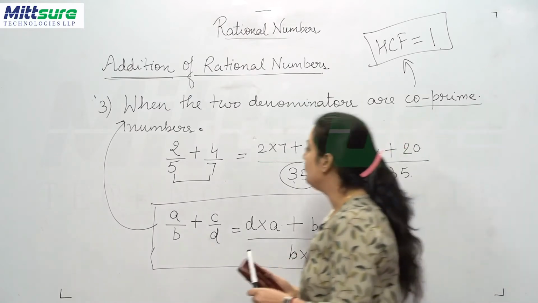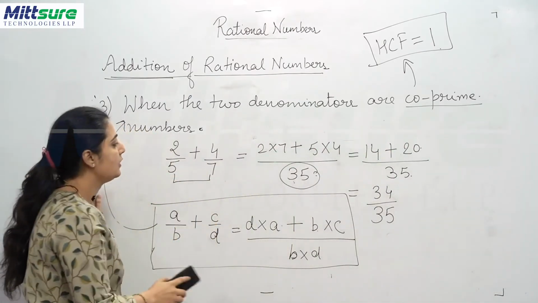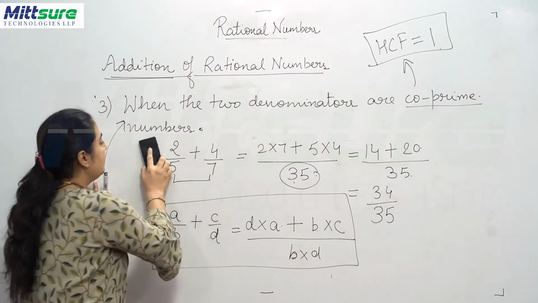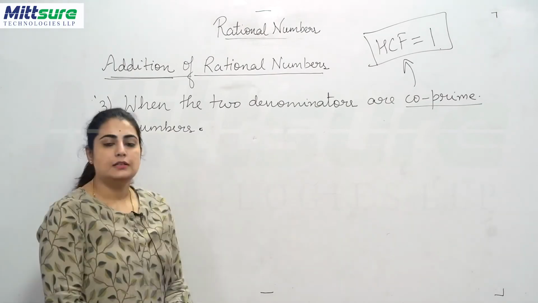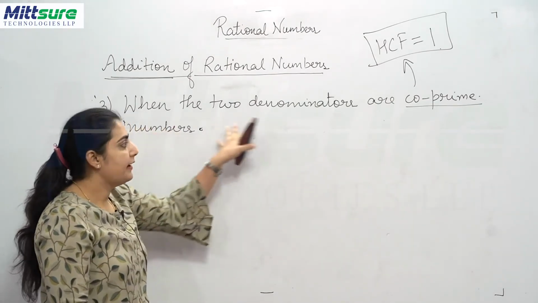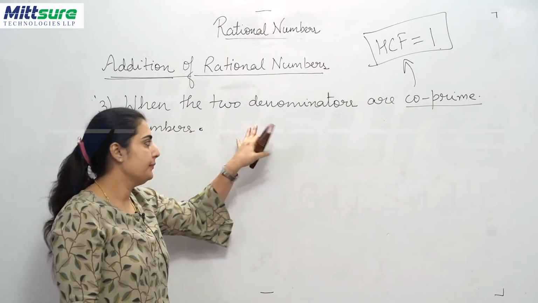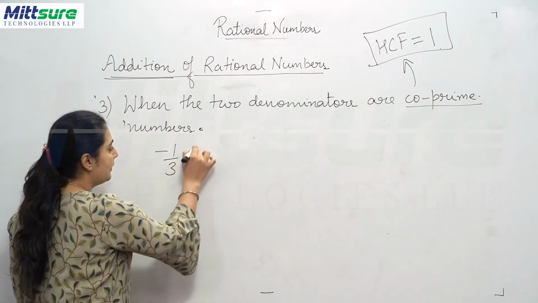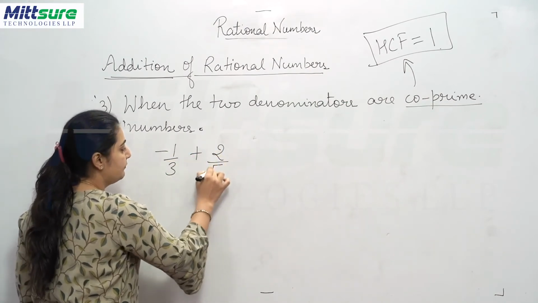Now let's take one more example with a negative sign so that it is very clear how to solve the given addition. So let's take another example to justify this condition of addition. Now I will take minus 1 upon 3 plus 2 upon 5.